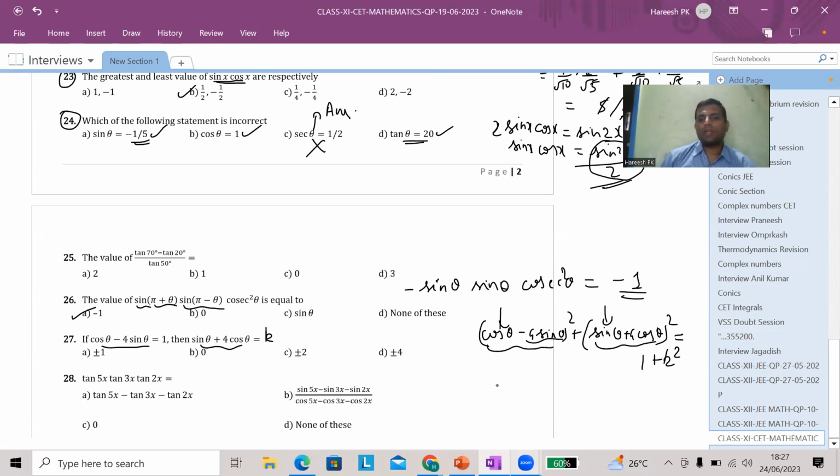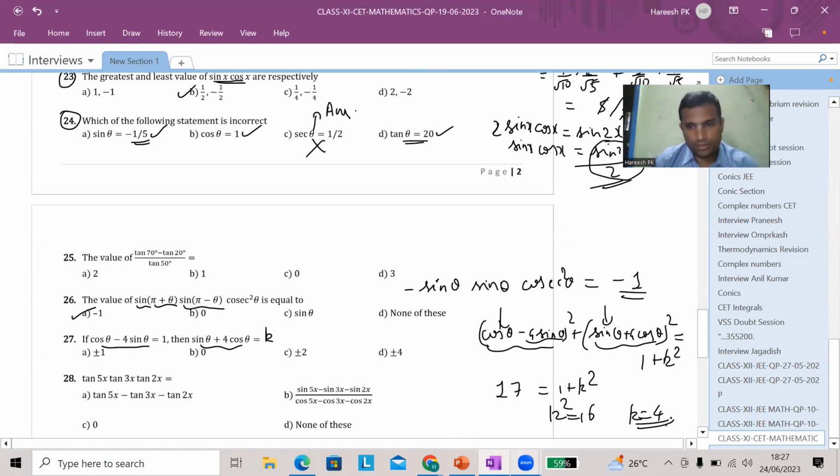So overall, left hand side nimge 17 baratte. Or k square is 16. So k has to be plus or minus 4. It's more meaningful to take both plus or minus. It is option D.